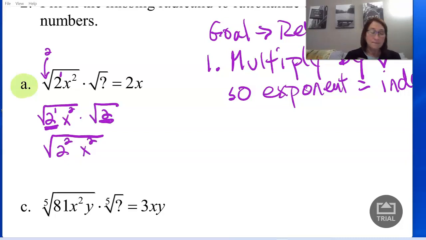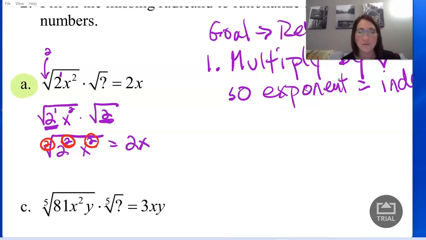So then my exponents match my implied index of 2. And so I can go ahead and take the square root of both of those, 2 squared and x squared, to get a 2x.